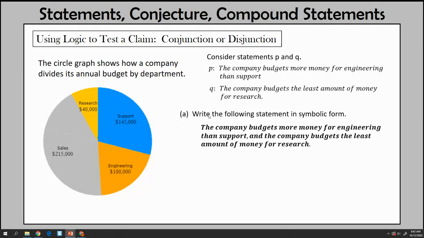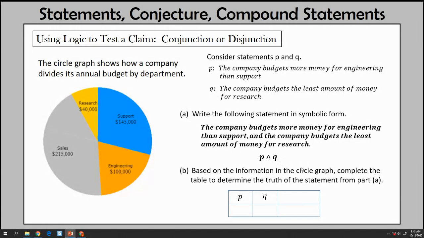First question, write the following statement in symbolic form. The company budgets more money for engineering than support. That's statement P. And the company budgets the least amount of money for research. So this would look like P and Q. Pretty simple. Part B, based on the information in the circle graph, complete the table to determine the truth value. Okay.